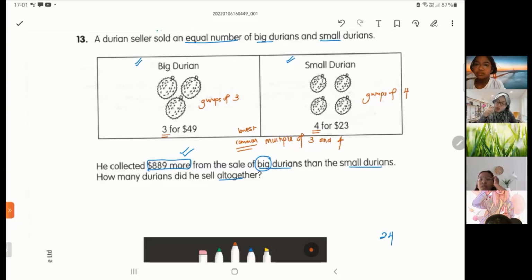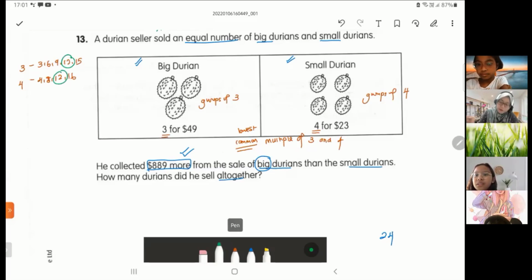Okay, so if you're not sure how you get 12, we can do it here. 3 and 4. 3, 6, 9, 12, 15. 4, 8, 12, 16. Can you see the lowest common multiple is 12 there?